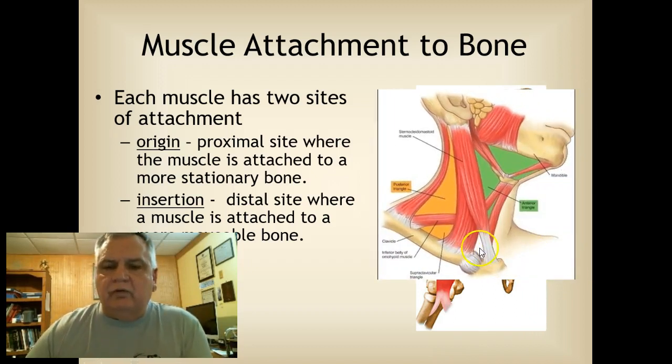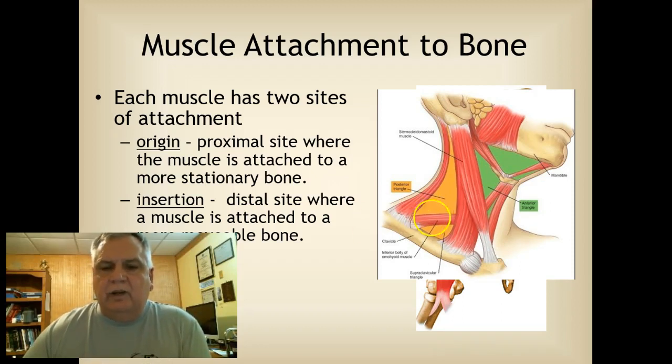Here's a muscle called the sternocleidomastoid muscle. We can see the sternocleidomastoid muscle has two sites of attachment. One here, up on this little lump behind the ear on the skull, which is called the mastoid process, you may recall. And the other two sites down here, one on the sternum and one on the clavicle. Now, which is the origin and which is the insertion of this muscle?